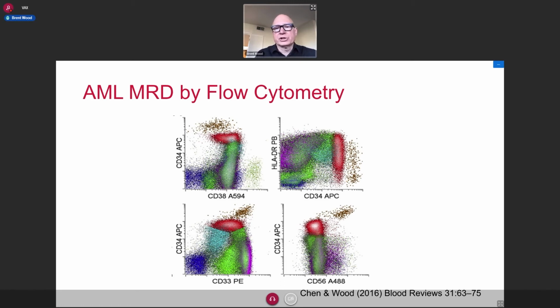So we've identified a discrete population of cells that has an immunophenotype different from any normal stage of maturation and consistent with the presence of residual leukemia. Now, this is an example used for illustration. Not all cases are as simple or straightforward as what I'm indicating here, but nevertheless it serves as an illustration of how this approach works in AML, similar to what we saw in B lymphoblastic leukemia. Next.